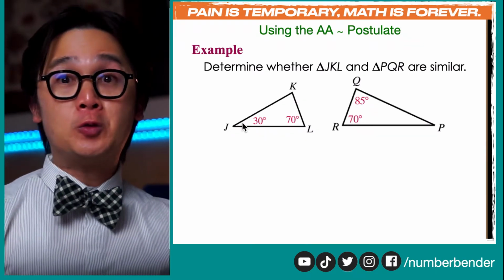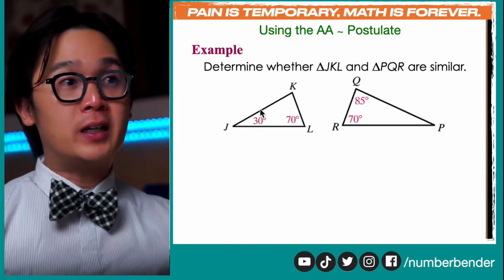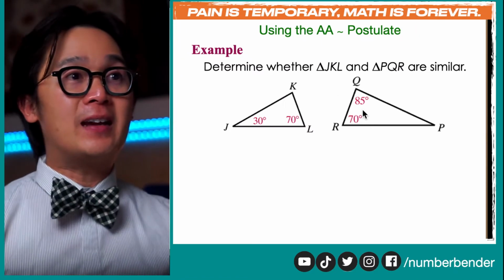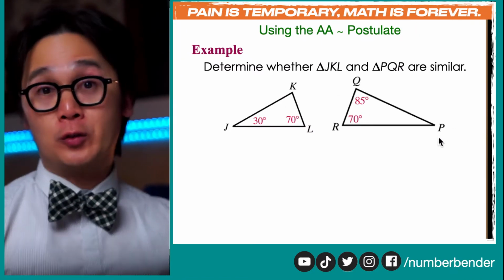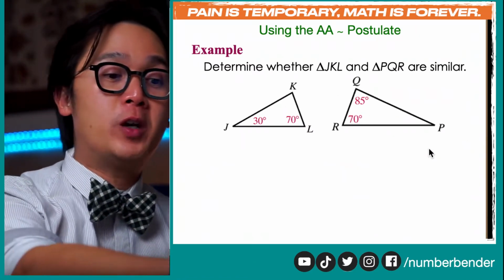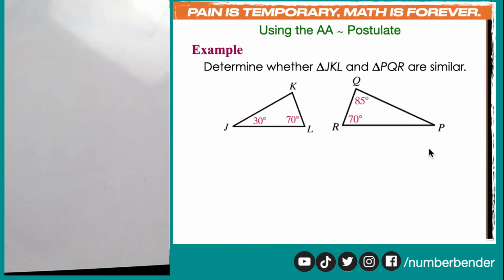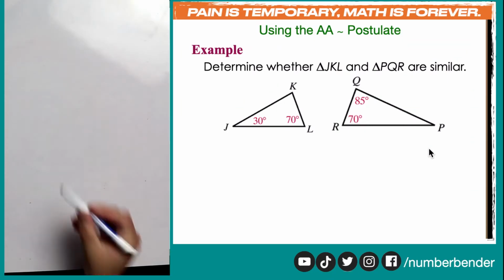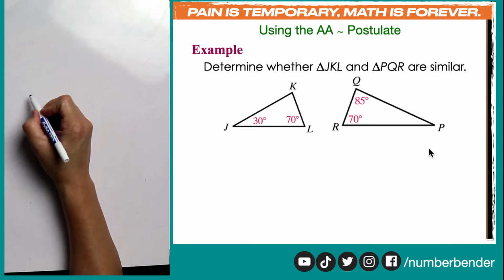So to use the angle-angle similarity postulate, we need to prove that angle K and angle P are congruent. To be able to do that, we're going to use our basic theorem about triangles, wherein the sum of the interior angles of a triangle is equal to 180 degrees.